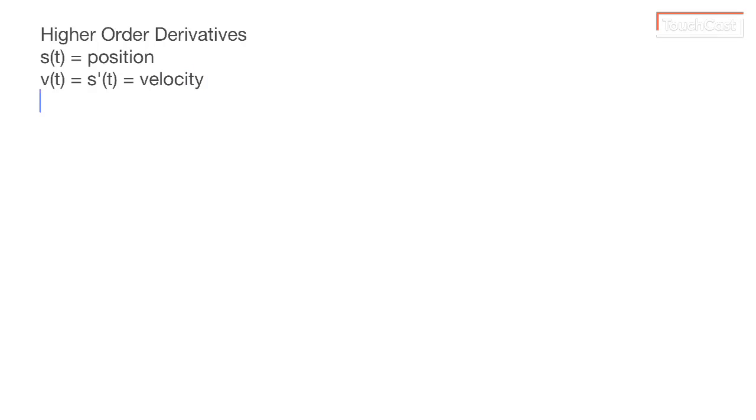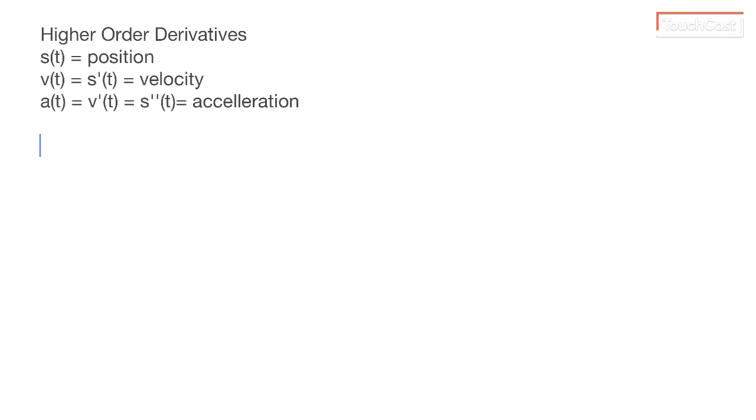But guess what? We could also find the acceleration from this. What we would do is take the derivative of the velocity function, which is what we call the second derivative of the position function. So this would be the acceleration function.